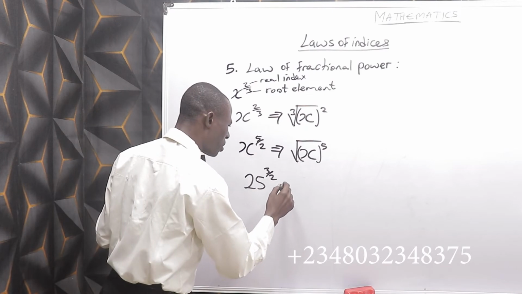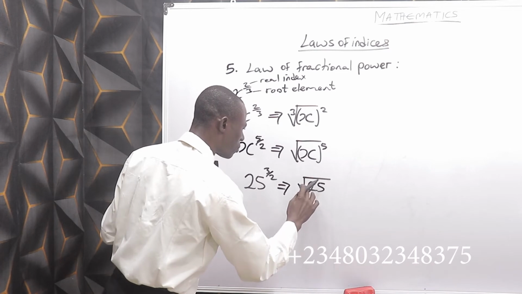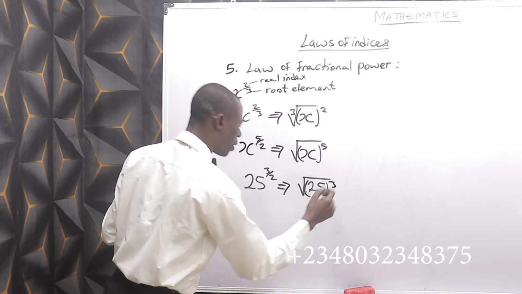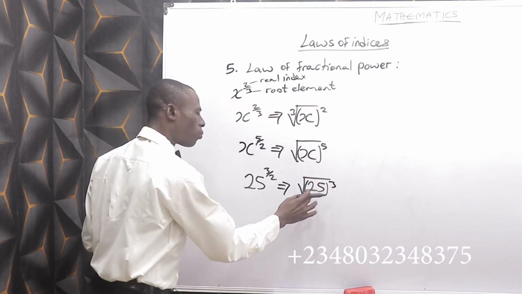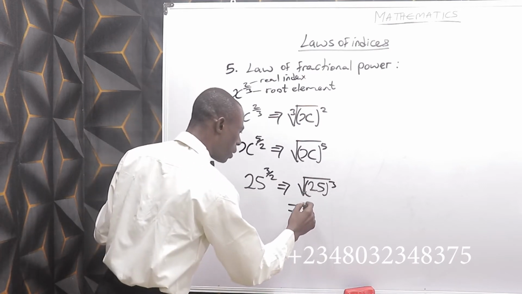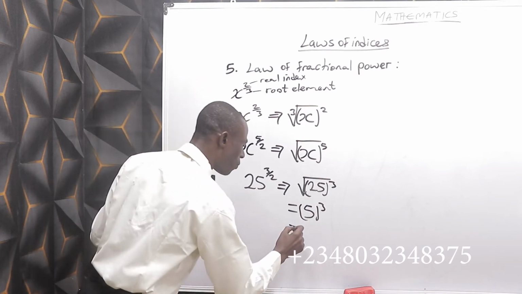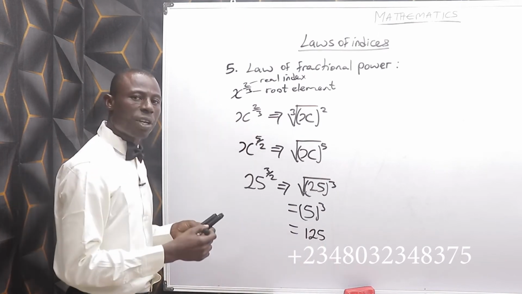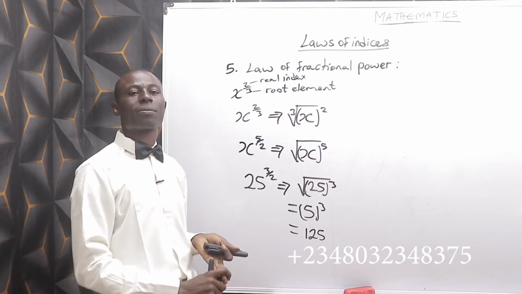You may express it as square root of 25, then raised to power 3, which means square root of 25 is 5. Then you now raise it to power 3. 5 raised to power 3 is 125.